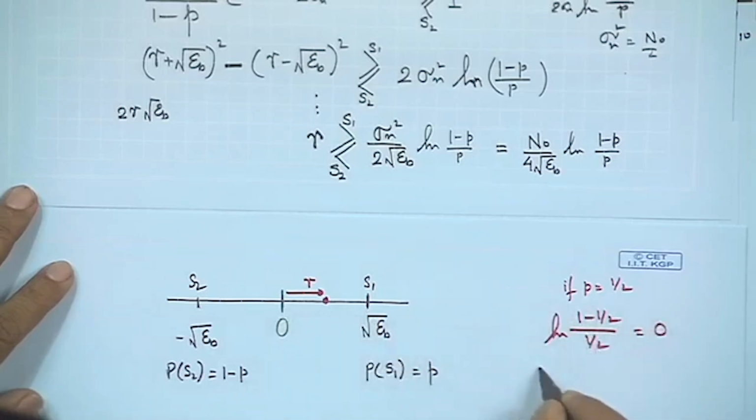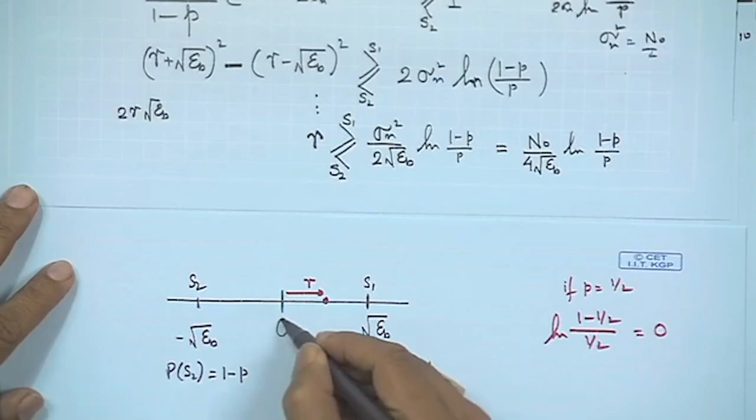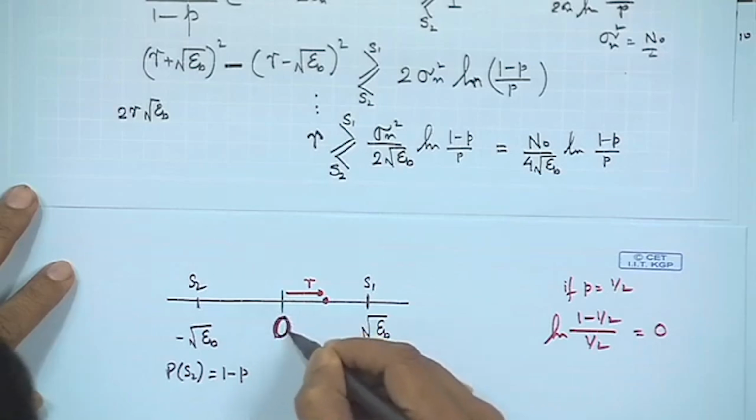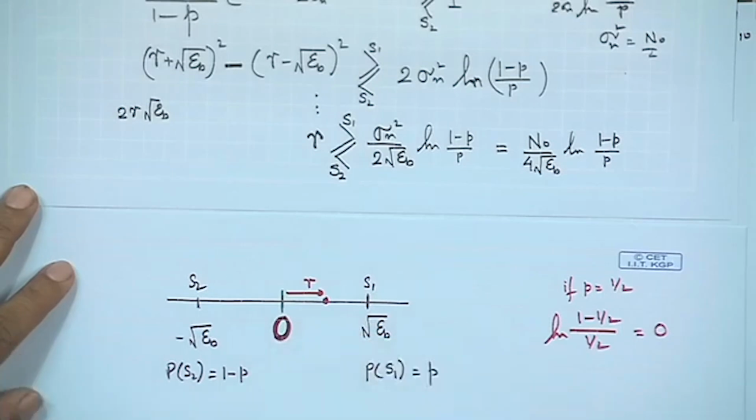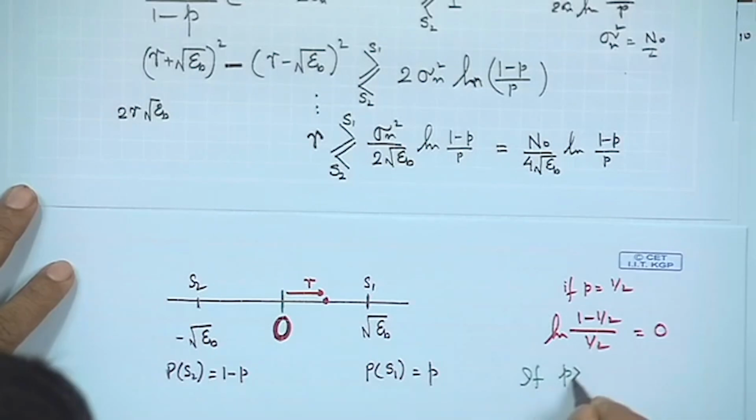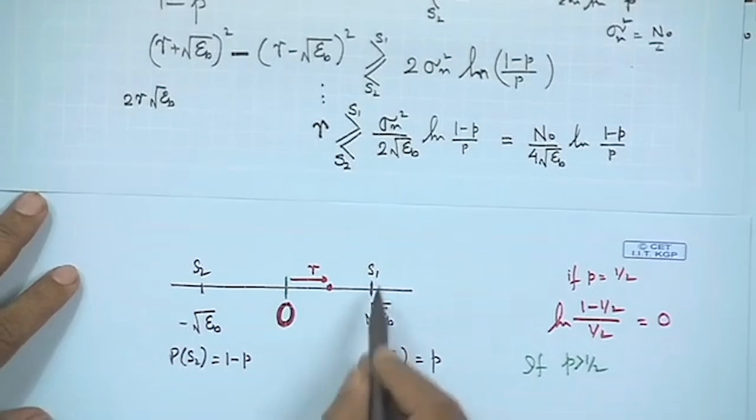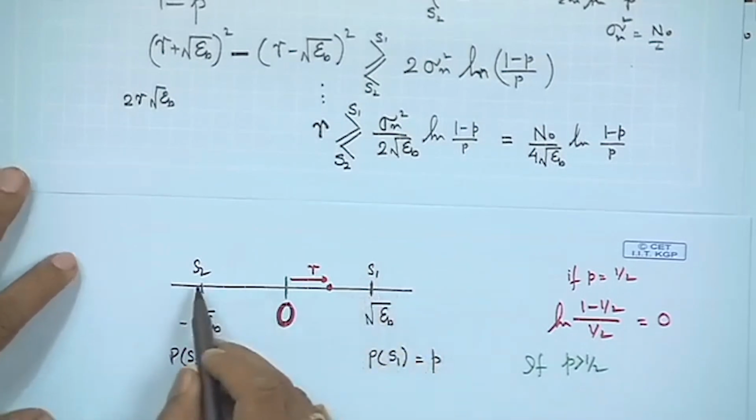Now, if instead of this situation, P is greater than half, that means S1 is getting transmitted more often than S2.